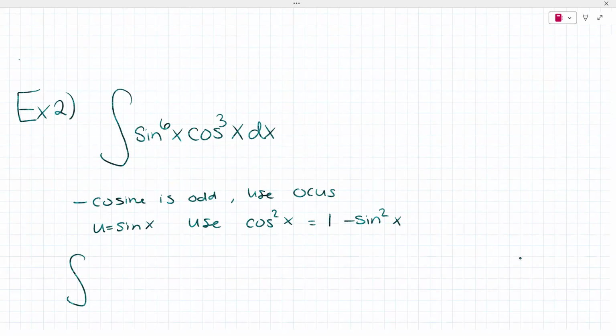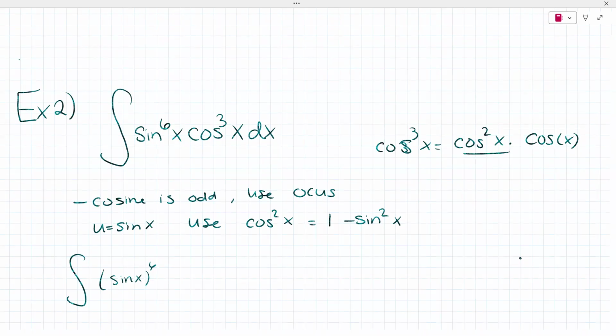So I'm going to rewrite sine to the sixth of x as sine of x to the 6th power. I'll replace that with u. And then we have this cosine cubed of x. So cosine cubed of x could be expressed as cosine squared of x times cosine of x. And then we're going to just replace cosine squared of x with 1 minus sine squared of x.